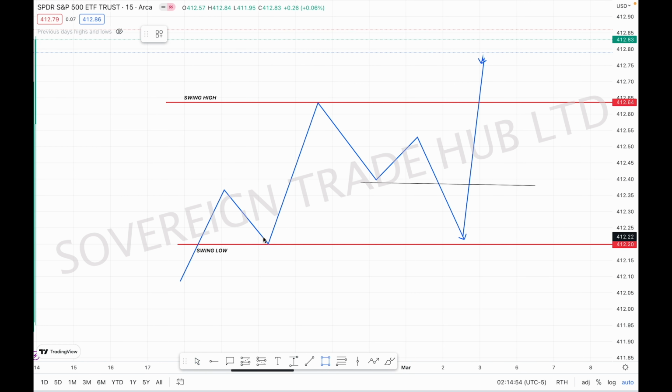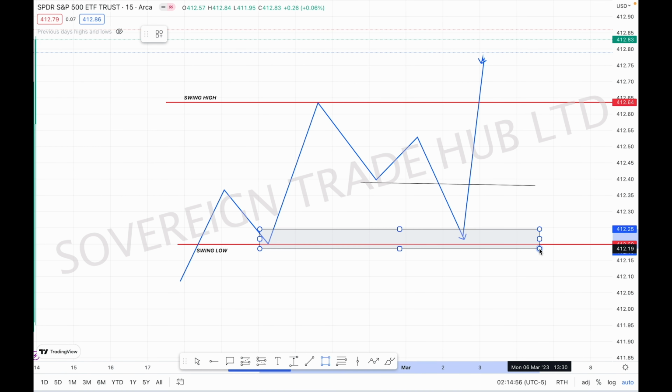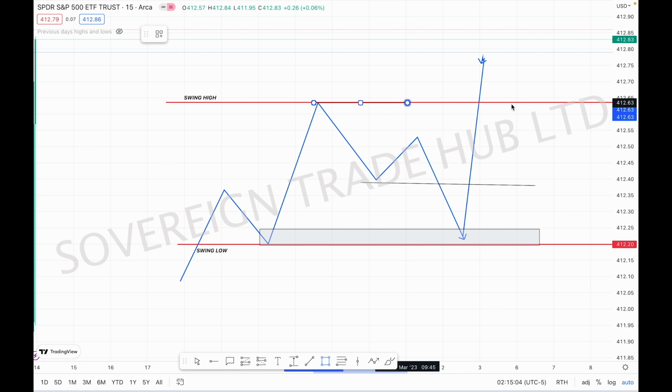Now, let me put up this. If you're looking at this now, you notice the market just raided this low, tapped into this very block here, which is the demand zone, and from here it went up.